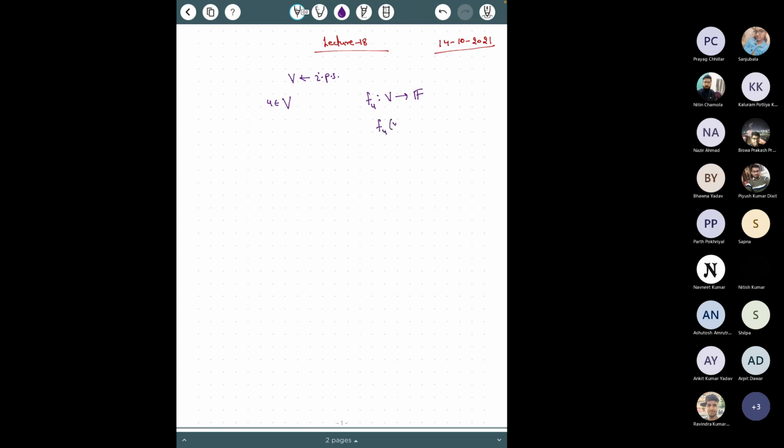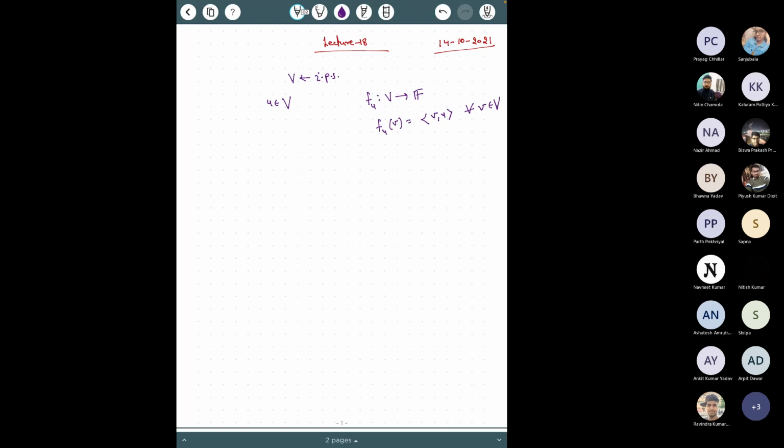You take any vector v in V and send it to the inner product of v with u, for all v. You can check that this is a linear functional on V, and this we can do for every vector in the inner product space.